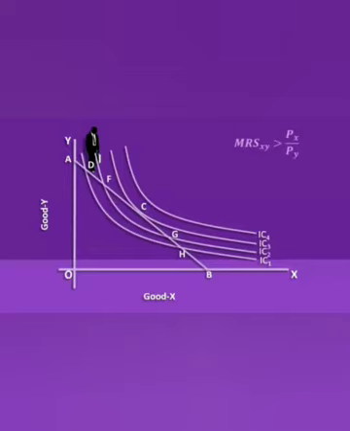The MRS of X for Y is greater than the price ratio. He substitutes good X for good Y and moves down. Listen very carefully. Substitute X for Y. He reaches the point F.